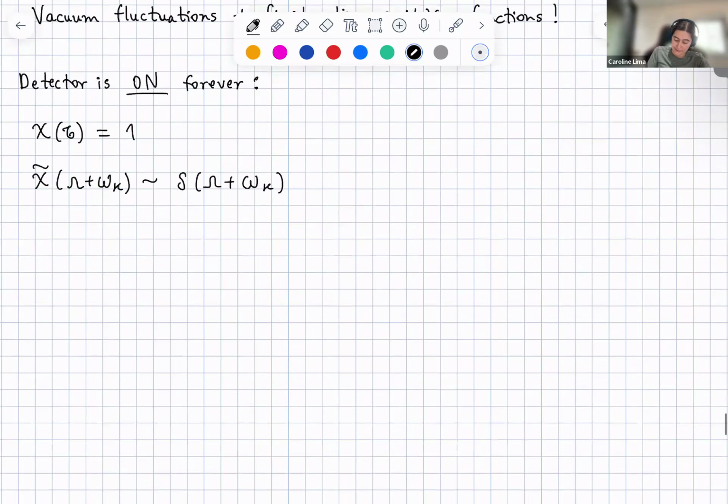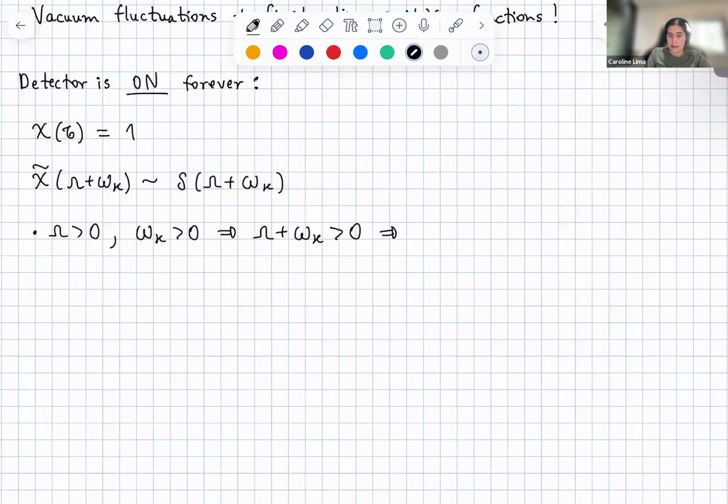Now, we know that the gap, omega, is something positive, and we also know that these frequencies are positive. So this means that omega plus omega k is a positive quantity.